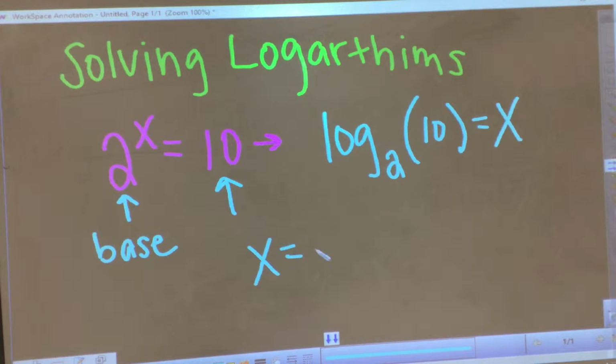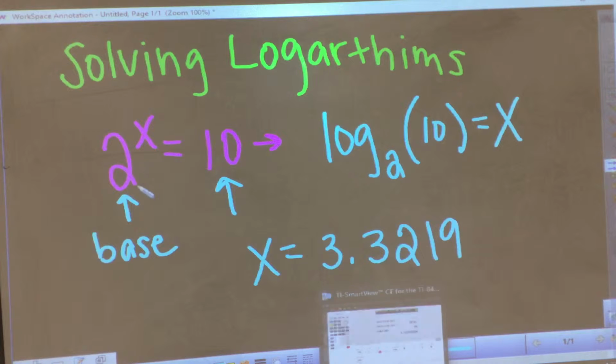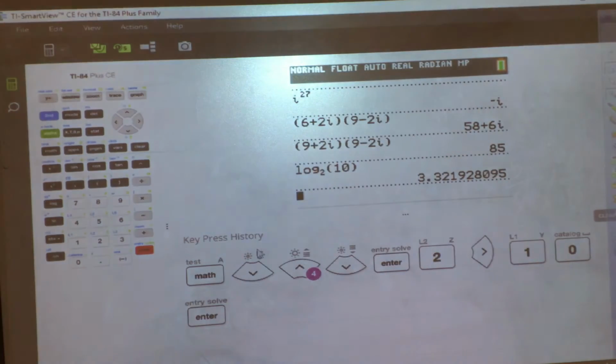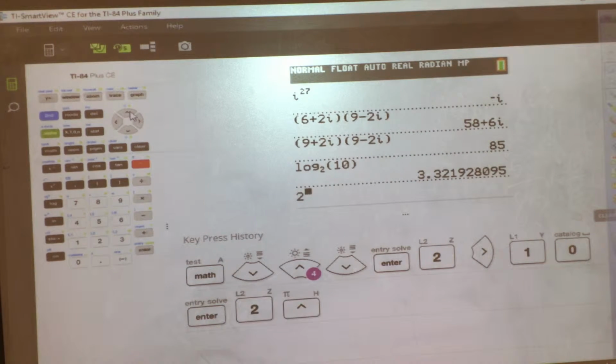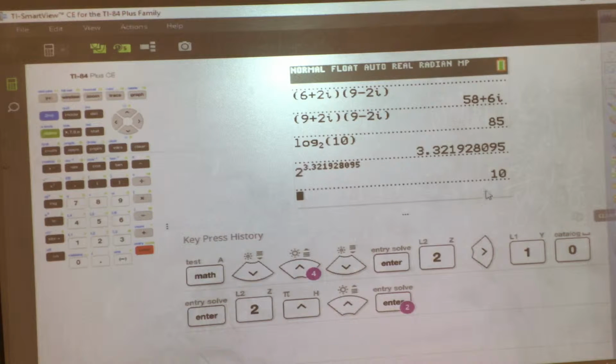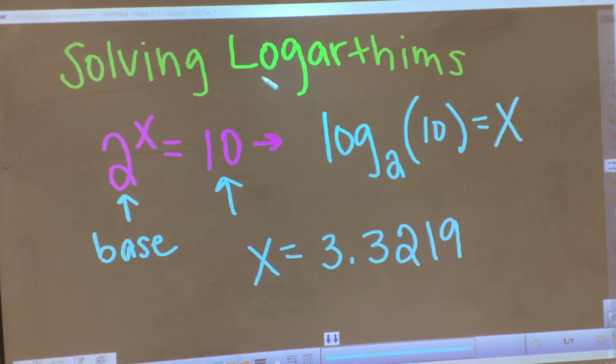So x equals 3.3219. So to check this, let's do 2 to this exponent, make sure we get 10. So 2 to the exponent 3.3219, we get 10. So again, a logarithm is just a way for us to solve for exponents when we do not know what they are.